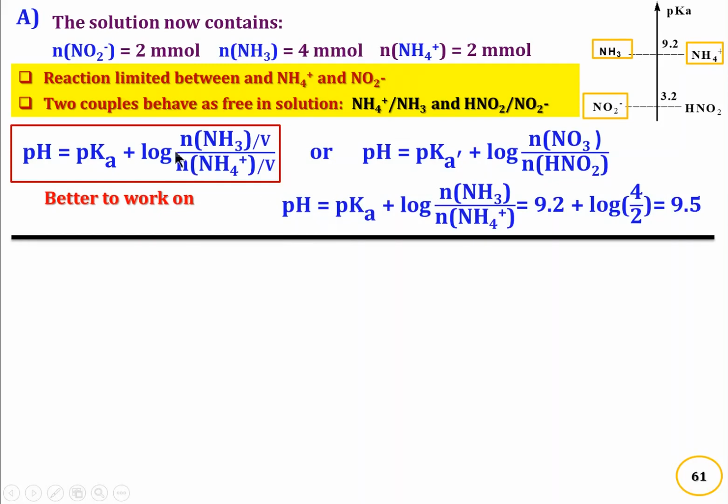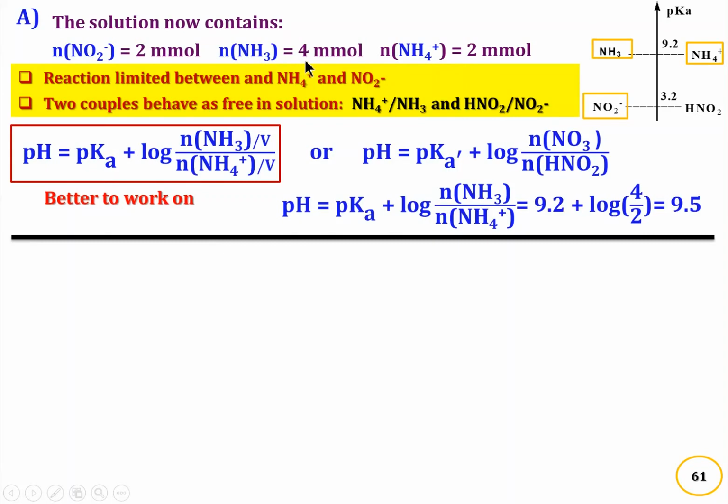So pH equals pKa of the couple ammonium-ammonia plus log, we cancel V, log NH3 divided by NH4+. And these numbers of moles are the numbers of moles at equilibrium. And the numbers of moles 4 and 2 are the numbers of moles at the start.